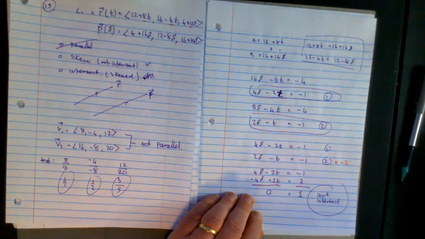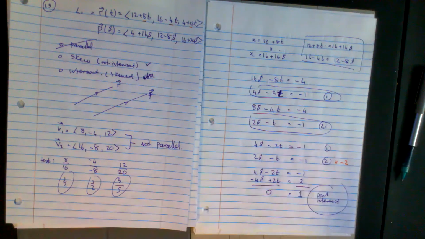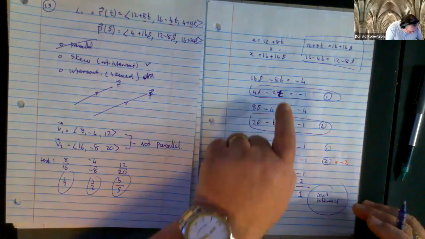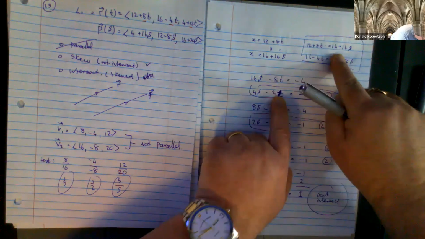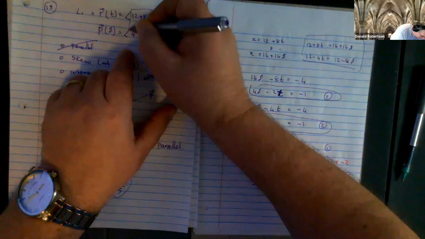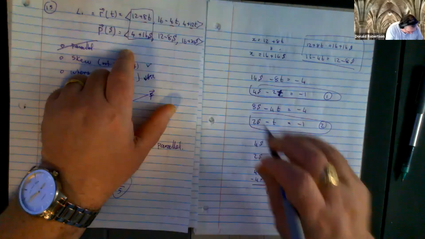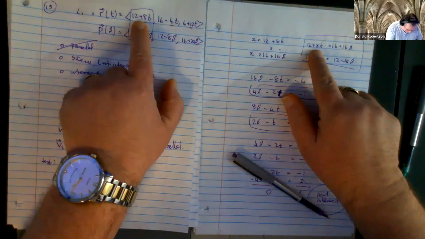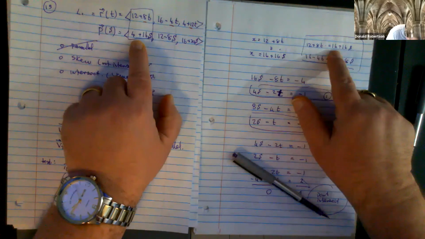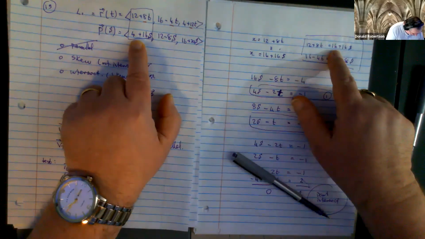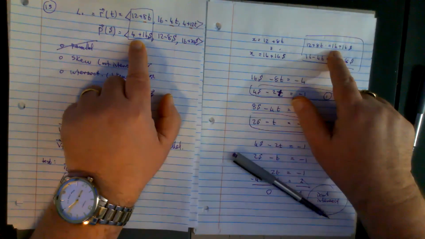I just have a quick question. Yes. Can you show me where each of the pieces come from in the box in the upper right? Yeah, right. I matched these two together. So 12 plus 8t is going to equal, where did that 16 come from? That's what I was trying to figure out.